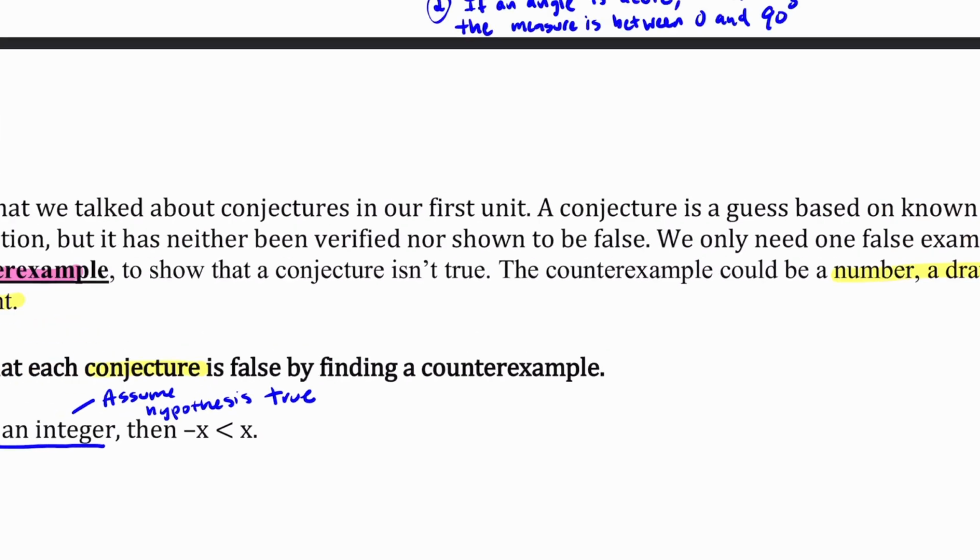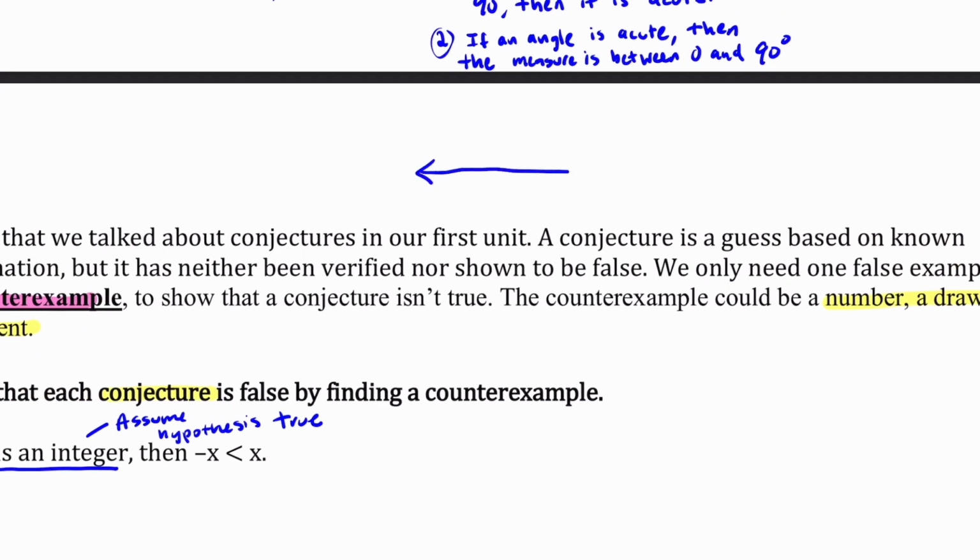If I give you a number line, integers contain negative numbers, 0, and positive numbers. So 0, 1, 2, 3 are integers, and we also need to include negative numbers: negative 1, negative 2, and negative 3.